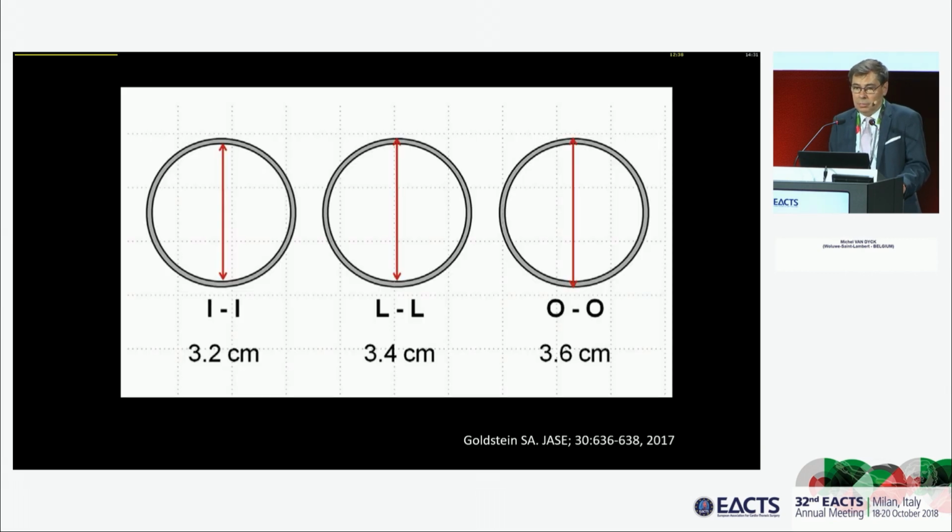And indeed, there can be some important difference, 2 millimeters, by measuring from inner edge to inner edge or from leading edge to leading edge, and even 2 more millimeters difference by measuring from outer edge to outer edge. So it poses some differences in analysis.